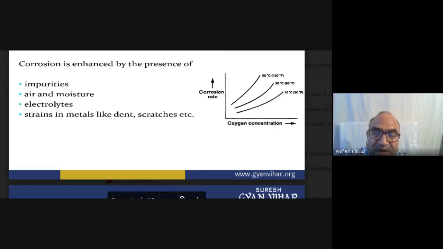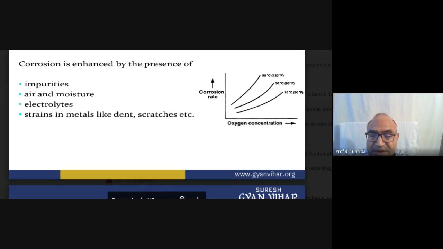Suppose we have an almirah, and painting is there. If a very small hole is there during the coating, that is the pit. What happens in that particular small hole? Iron undergoes the process of oxidation. That one we can definitely say is corrosion.